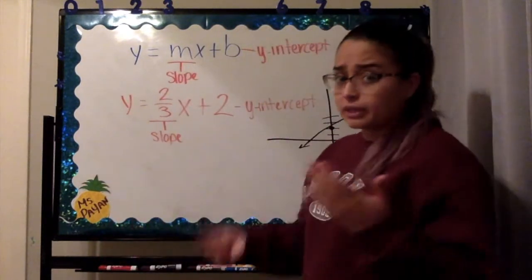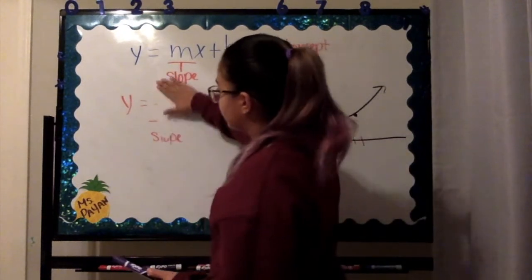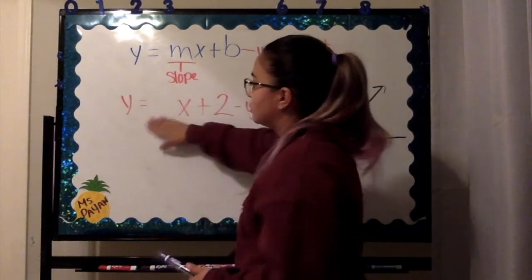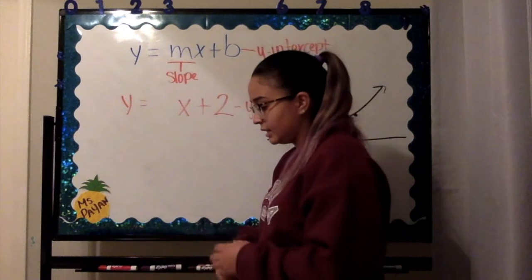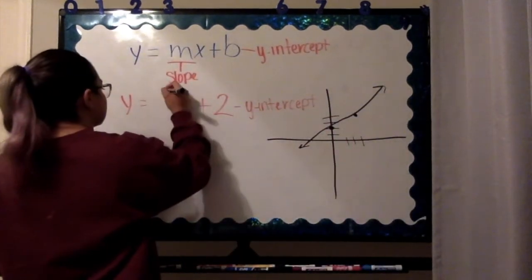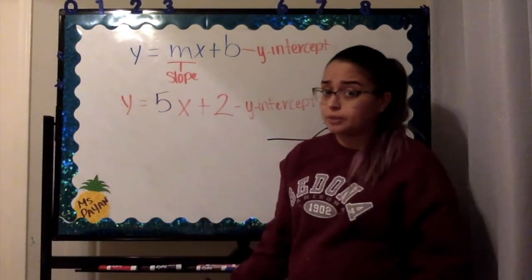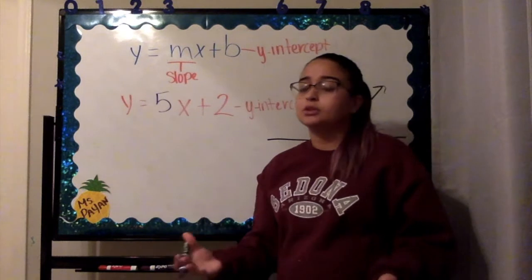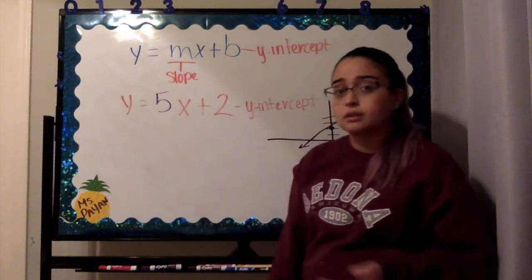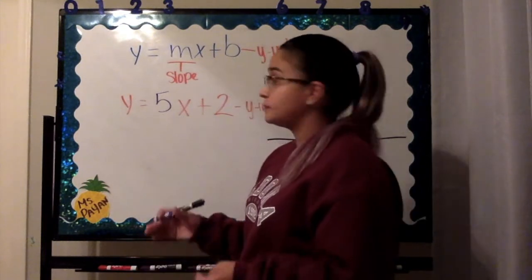Now, what if we had an equation where instead of a fraction, like 2/3, we had another number like 5? It's just one number. How would we be able to do elevator walk? I want you guys to think about it this way.